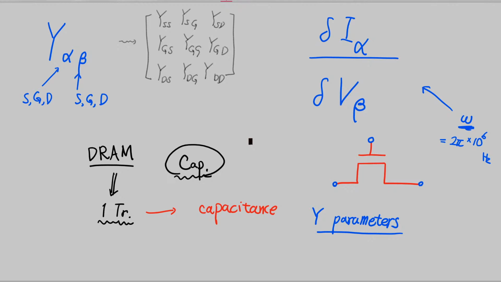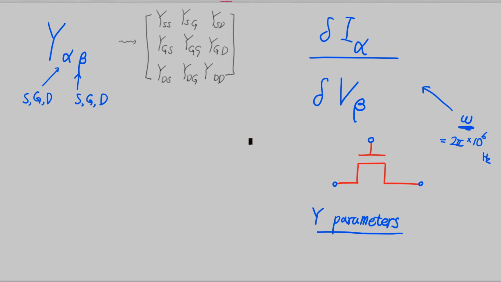Then maybe you remember that one of the most important quantities when you characterize your transistor is the GM. Do you remember GM? Transconductance. And the definition of transconductance was like this: delta ID over delta VG, at omega equal to 0.